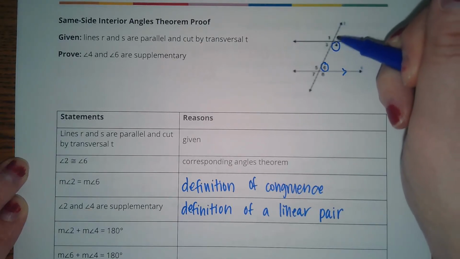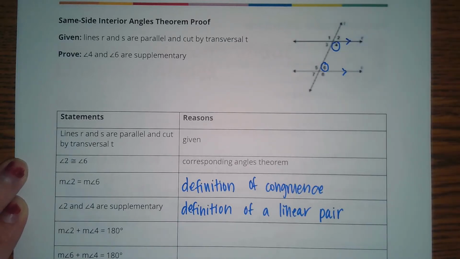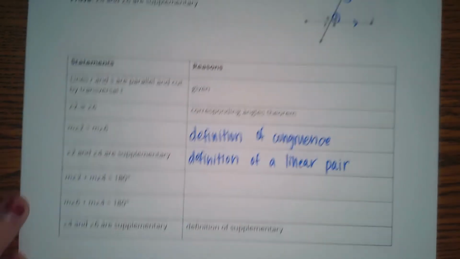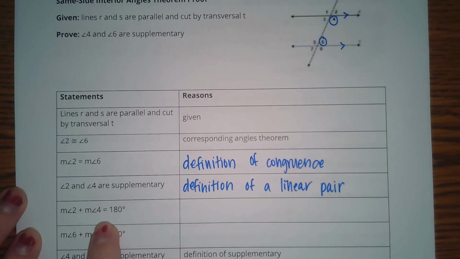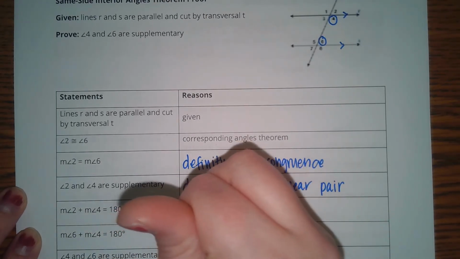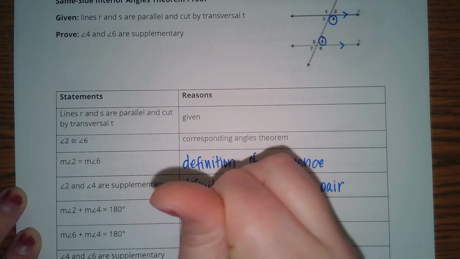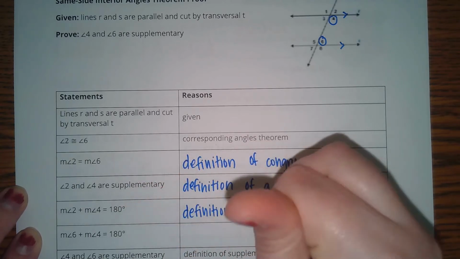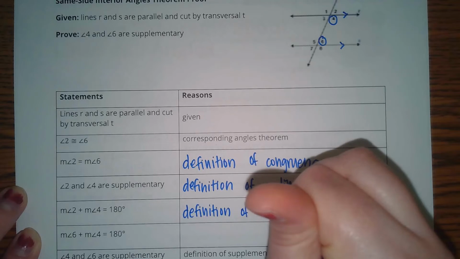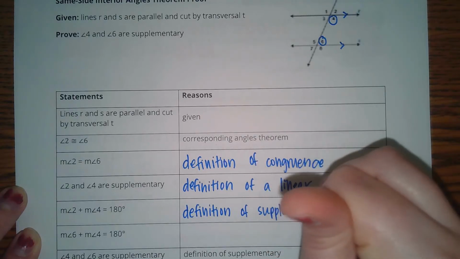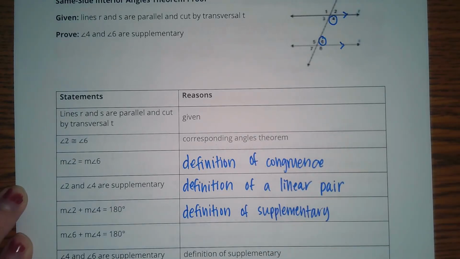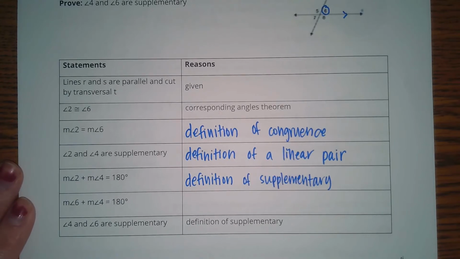They're both together, they're attached, and they make a straight line there. So that's my definition of a linear pair. That then means that 2 and 4 must be 180 degrees, because that's going to be my definition of supplementary. Remember that all linear pairs are supplementary, which means they add to 180 degrees.